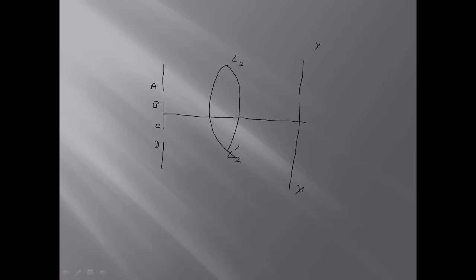Y dash is the screen, and this is the center point on the screen. All the lights are coming from these two slits this way, and they are converged at point P naught due to the lens.